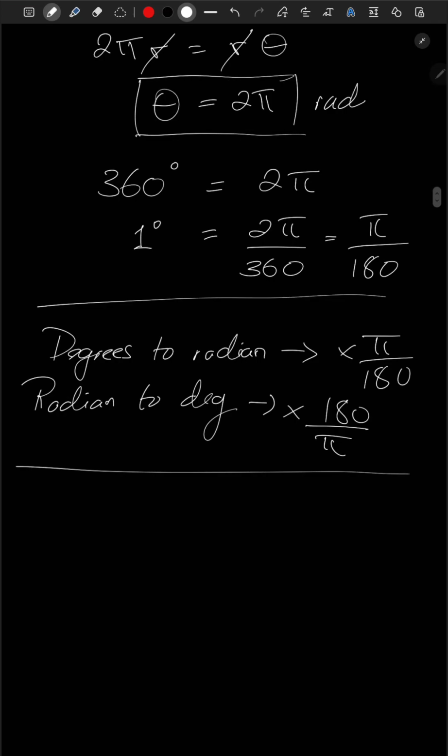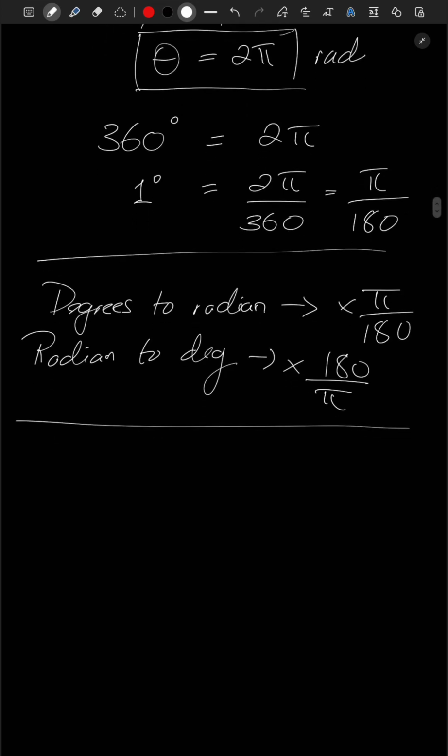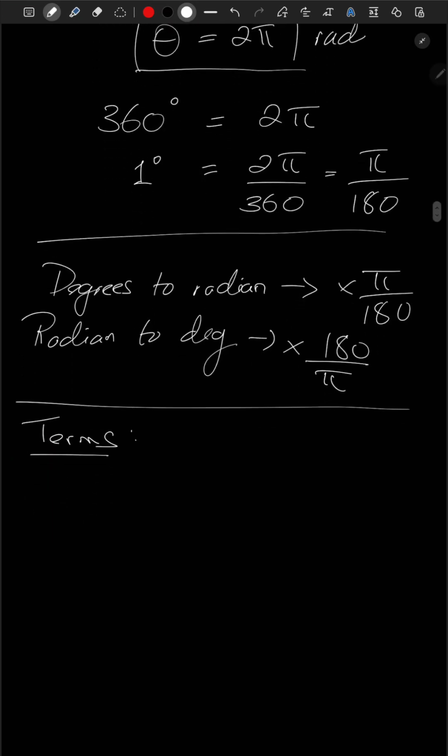Okay? So now we have to look at a very important term in circular motion, which is called the angular speed or angular velocity.